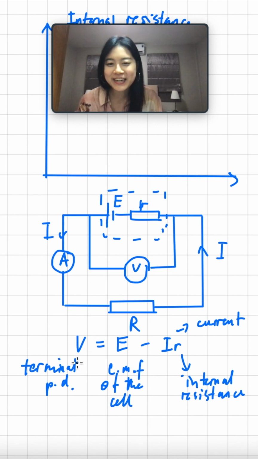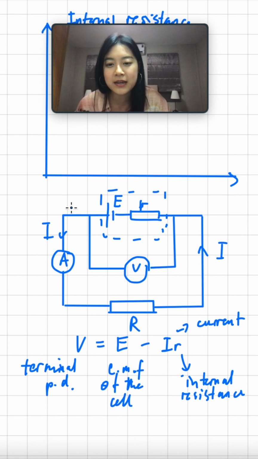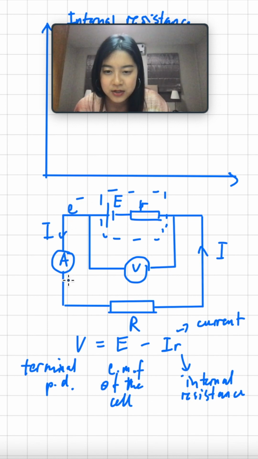The energy that the resistance outside gets is the EMF of the cell, the original energy of the cell, minus the energy that is lost to the internal resistance. So imagine an electron going around. Conventional current direction is in this direction, so the electron is actually going in this direction. That's not really that important.